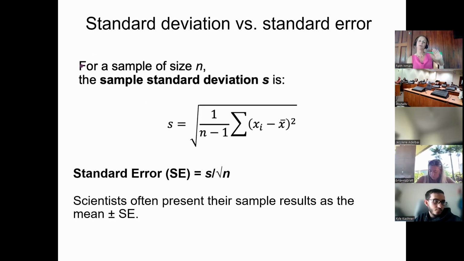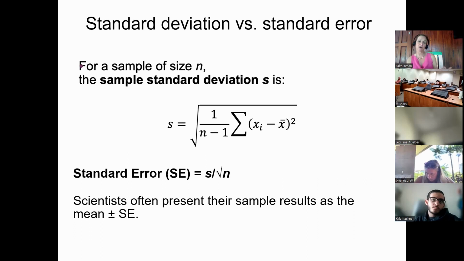And just to remind you, this is what we did last week, standard deviation and standard error. So for a sample size of n, the standard deviation is the square root of 1 divided by n minus 1 times the sum of the differences squared between the mean and each sample observation.